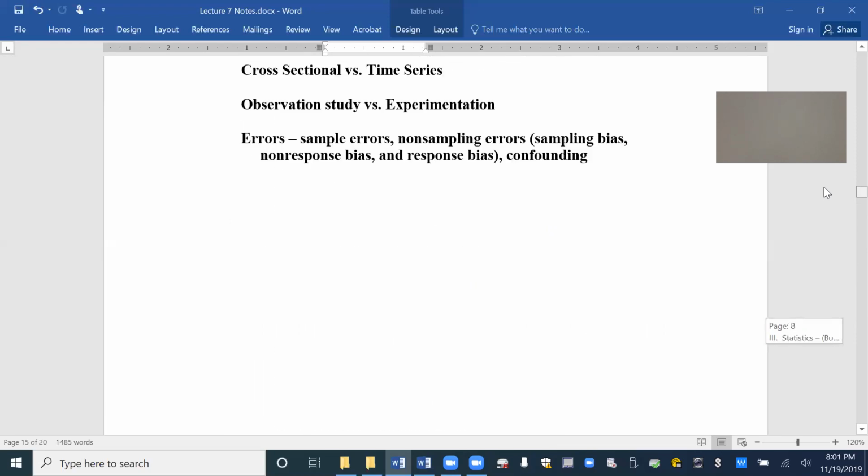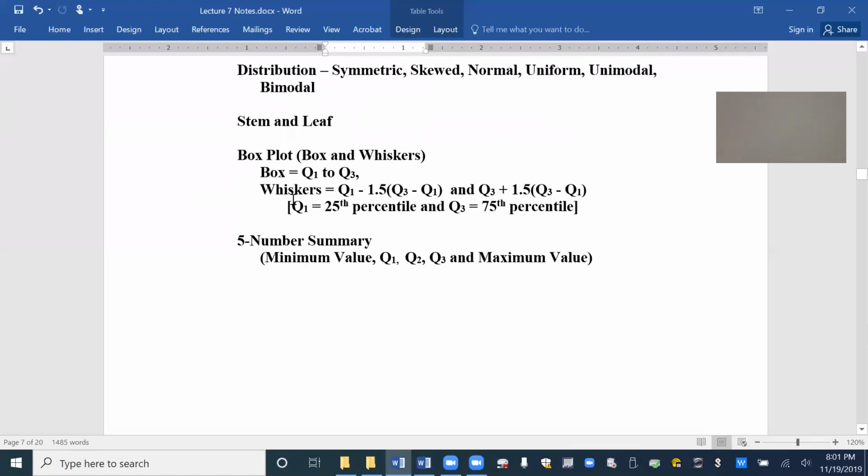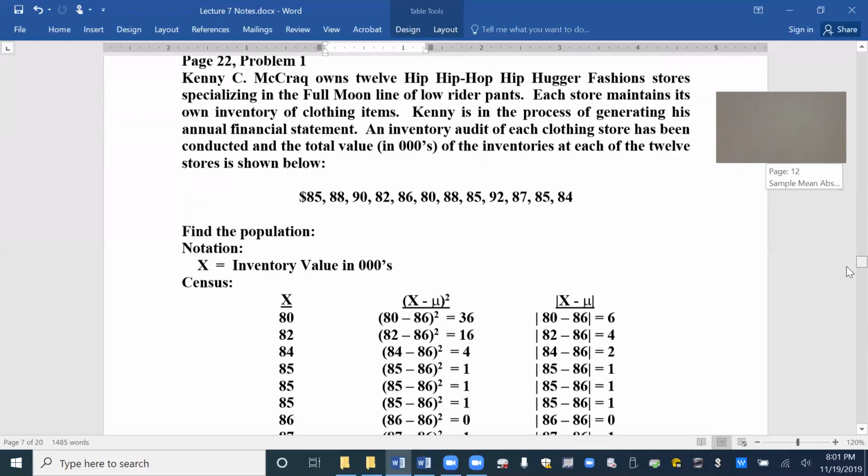The whiskers go from Q1 minus 1.5 times the interquartile range, and from Q3 out another 1.5 times the interquartile distance. That's where the 1.5 is coming from.